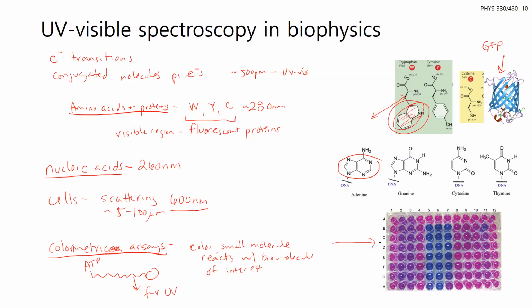Here I have an example of a 96 well plate where these colors represent a small molecule reporter that turns pink if there's hydrogen peroxide, if you're trying to detect how much hydrogen peroxide your cells are producing, and it remains blue if that hydrogen peroxide is not being produced. So there are many different types of assays or colorimetric reporters based on what you want to detect. Small metal ions, if you want to detect ATP itself. So I'd say that's a very common way that UV-vis is used in biophysics.